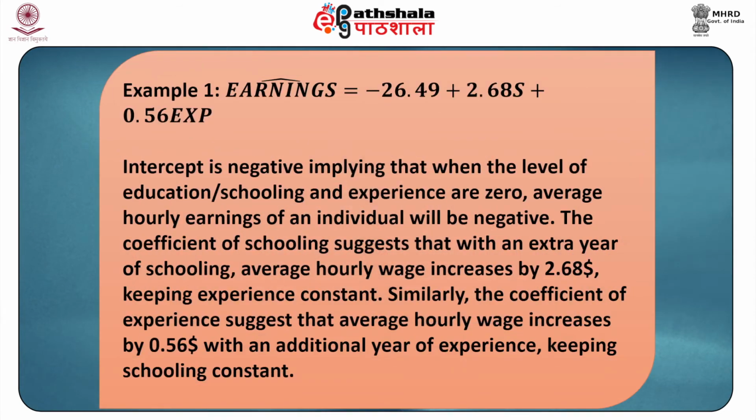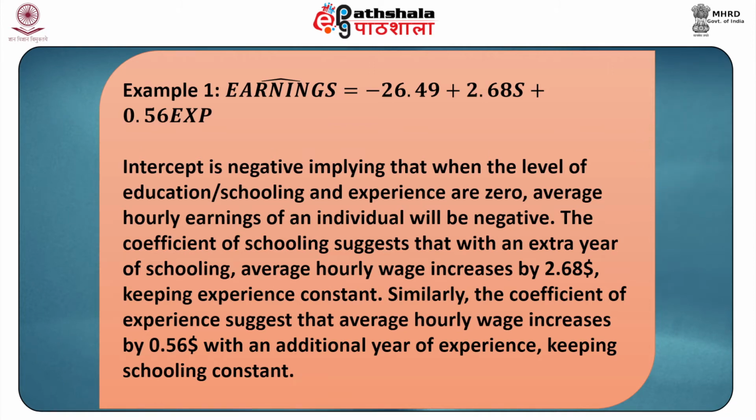Thus, the estimated model now becomes expected earnings equal to minus 26.49 plus 2.68 S plus 0.56 exp. Intercept is negative, implying that when the level of education or schooling and experience are 0, average hourly earnings of an individual will be negative.